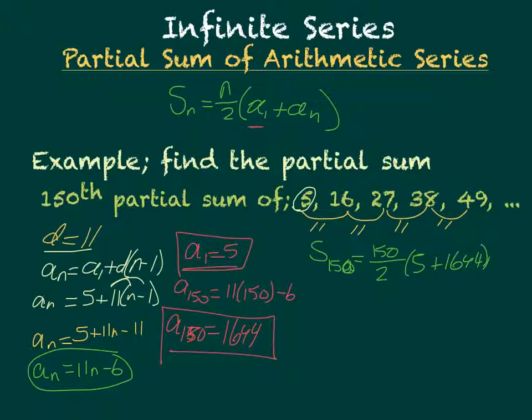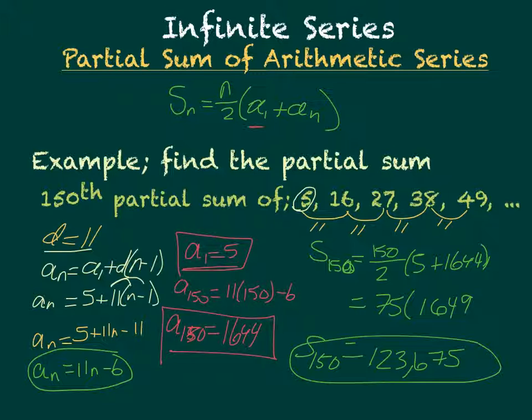If I type that into the calculator and simplify it, I get 75 times 1,649. And then my final answer, S sub 150, is equal to 123,675. So the 150th partial sum would be right there.